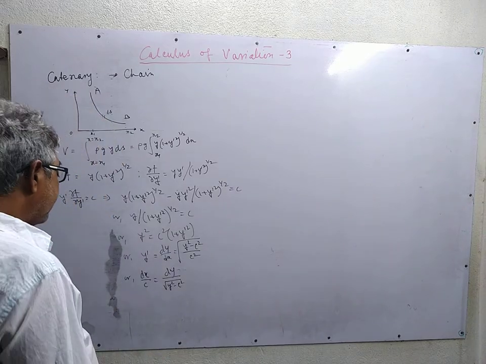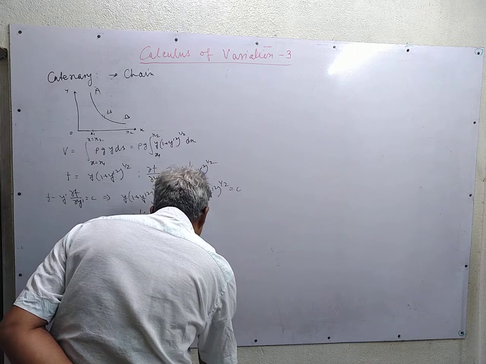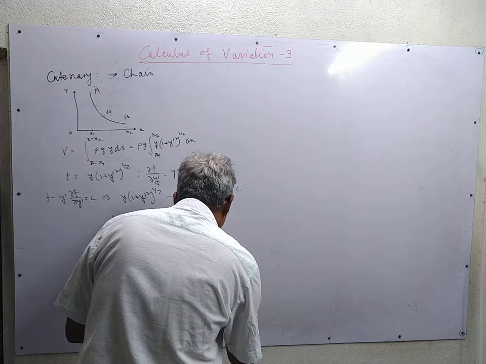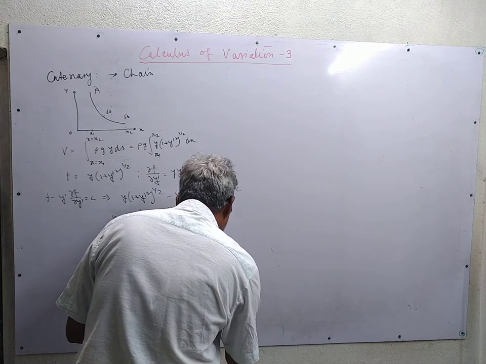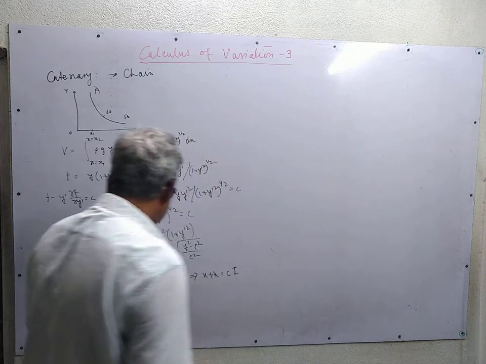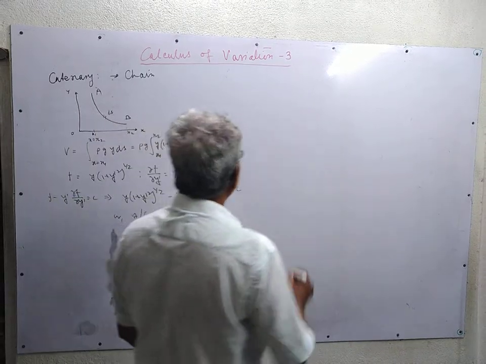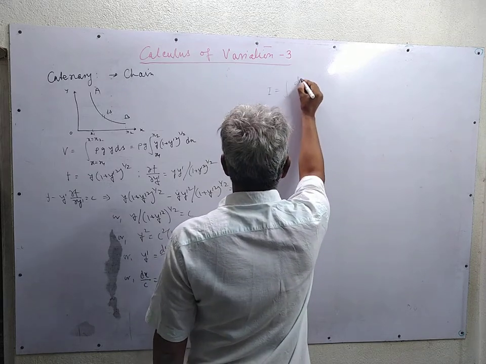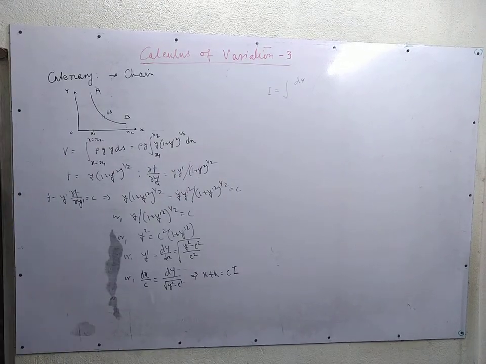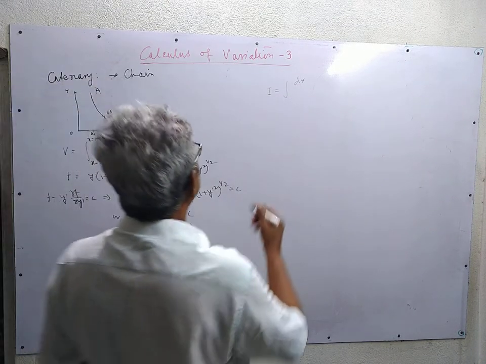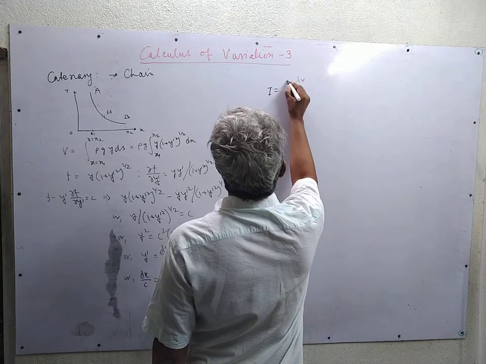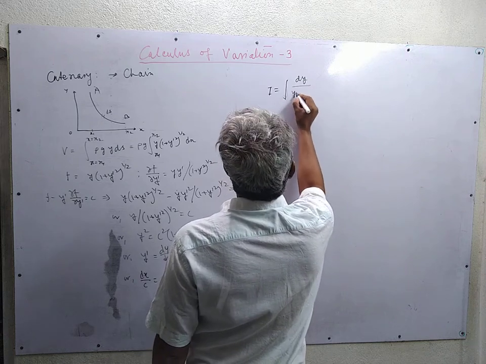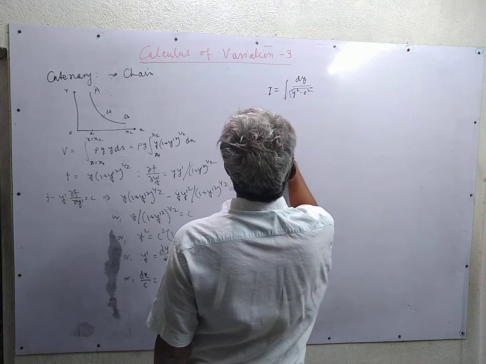If we integrate this, we get x plus k equal to c times the integral I, where I is defined as the integral of dy over square root of y square minus c square.